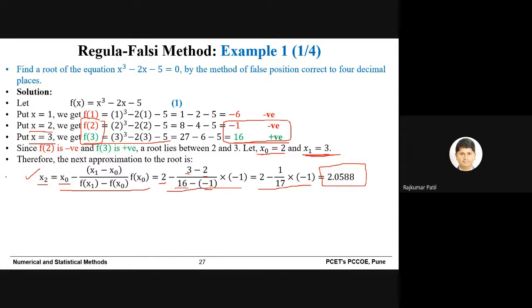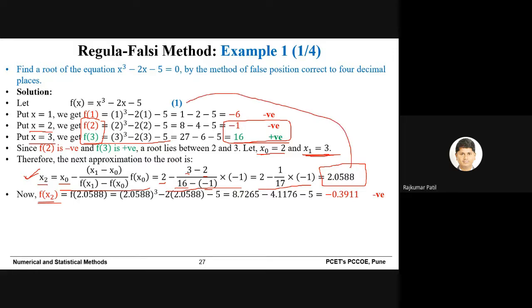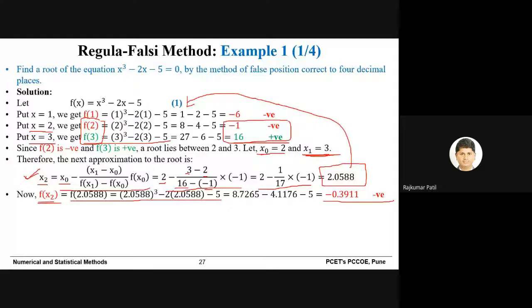Once you get the value of x2, we need to find f of x2. So put x2 equal to 2.0588 in equation number 1 and simplify. So f of x2 has a negative sign.